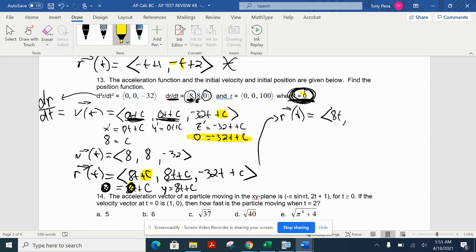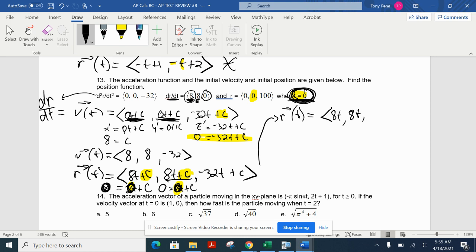So if we come up here, our time is 0, our y position is 0 at that time. So if we come down here, let our y be a 0. When our time is 0, that whole thing would just 0 out. That means that c here is also a 0, which means we're just going to get an 8t for that one as well.